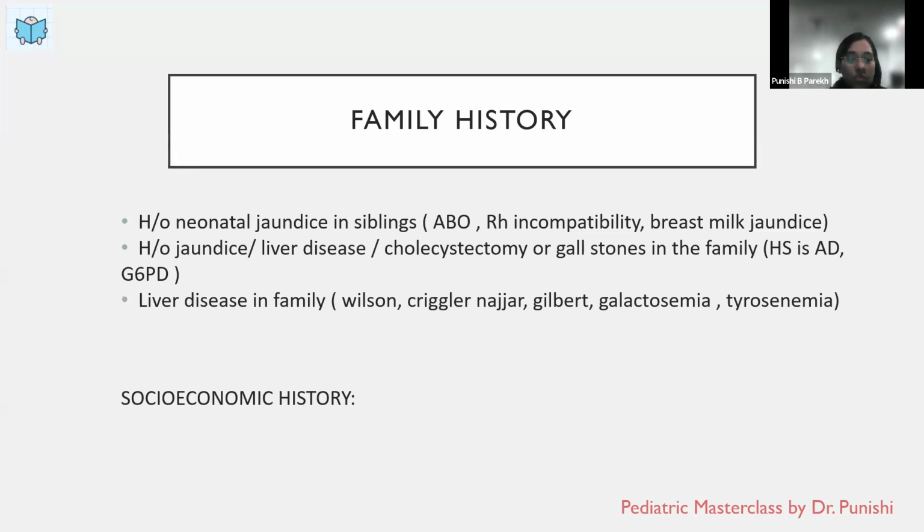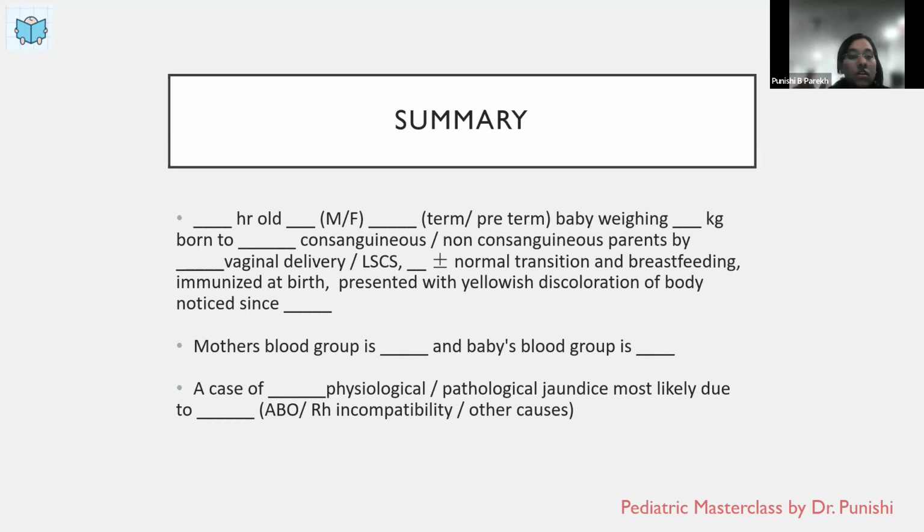Socioeconomic status by the modified Kuppuswamy scale, like any other case. So at the end of your history, you will summarize this case as, let's say, a 72-hour-old male child who was born term, weighing 3 kgs at birth, born to a non-consanguineous marriage, by vaginal delivery, who's had a normal transition and breastfeeding, immunized at birth, presented with yellowish discoloration of body since 72 hours of life.